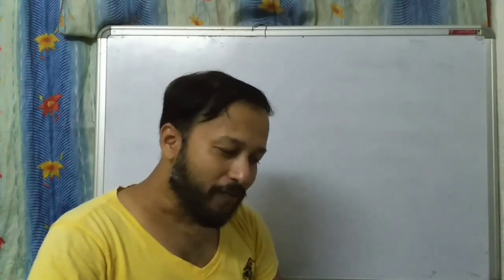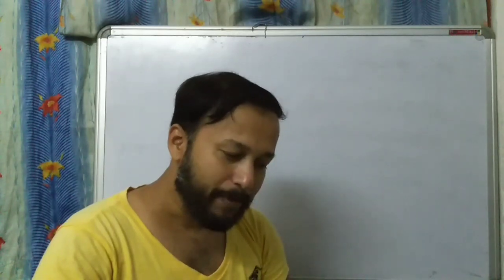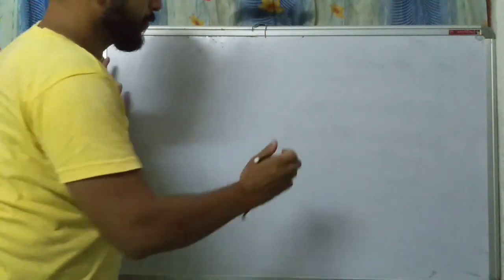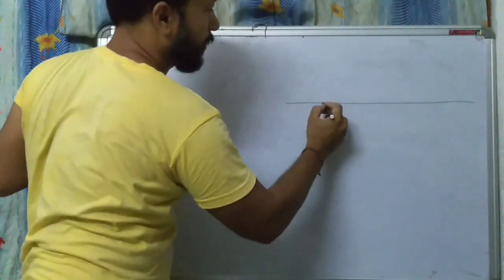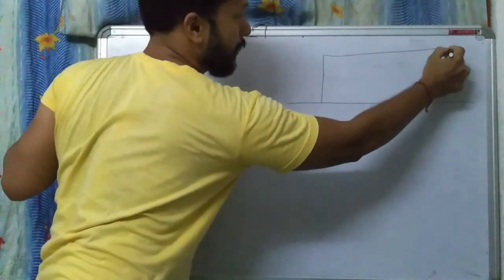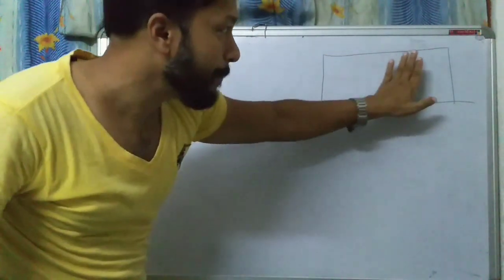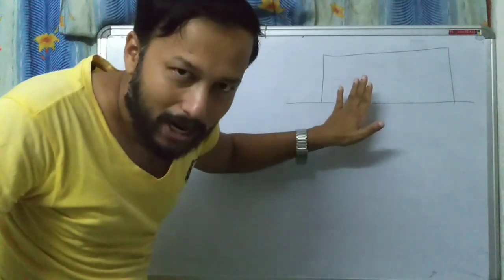A door of length 2.2 meter and breadth 0.9 meter is fitted in a wall. A wall is there, okay? Wall, and in that wall, that door is there. Let us draw that wall first. This is the wall. This complete one is the wall.